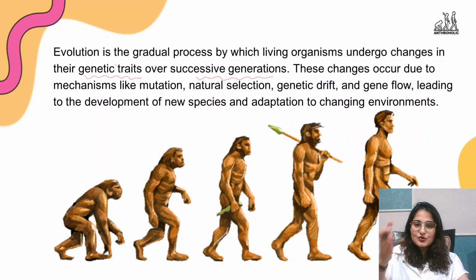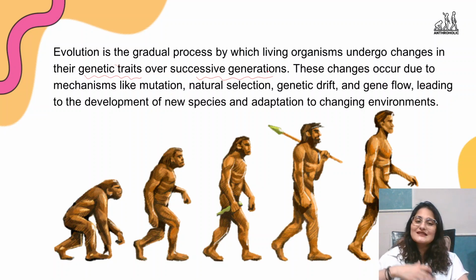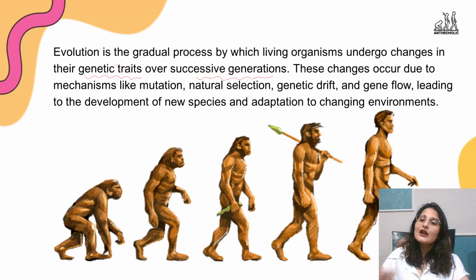From generation to generation, the changes that come in the genes of a particular species, that is evolution. हर जनरेशन में कुछ ना कुछ छोटे छोटे चेंजेस होते रहते हैं. तो इन सक्सेसिव जनरेशंस whatever changes come in genetic form, that is evolution.